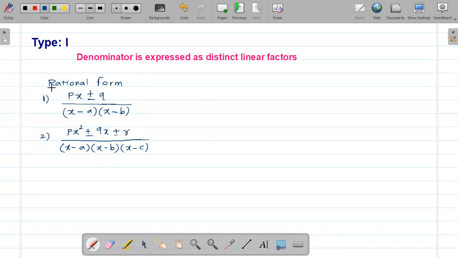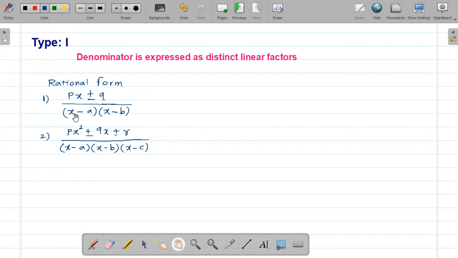Now see the types of the rational function, when the denominator is expressed as distinct linear factors. See the first example of the rational form, that is px plus or minus q. The degree of the numerator is 1 because the index of x is 1, and in the denominator there are two distinct linear factors: the first is x minus a and the second is x minus b. If you multiply these two factors, you get a quadratic expression, and you know that the degree of a quadratic is 2.